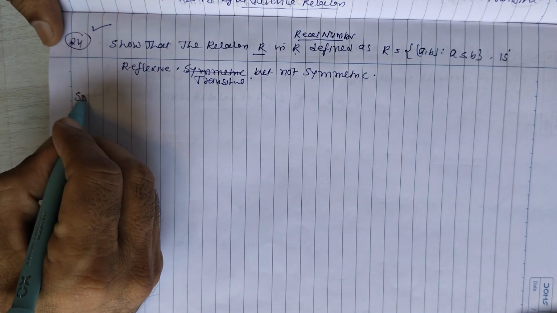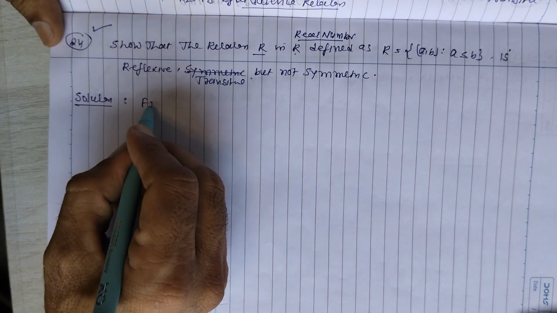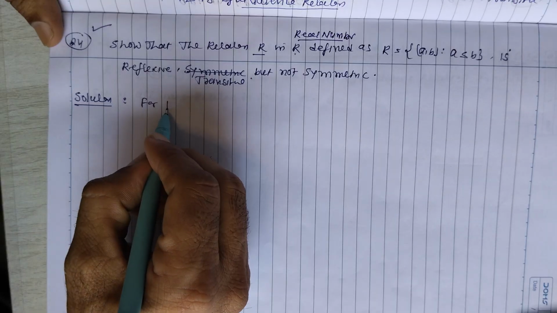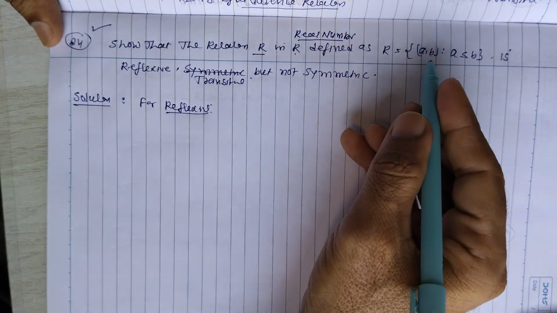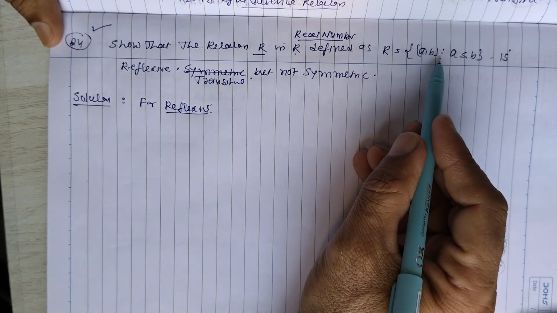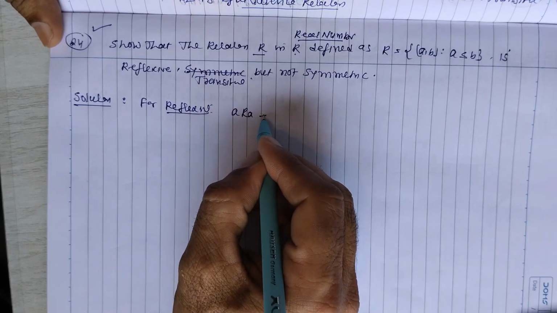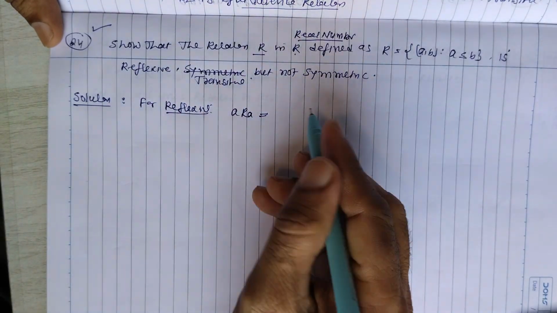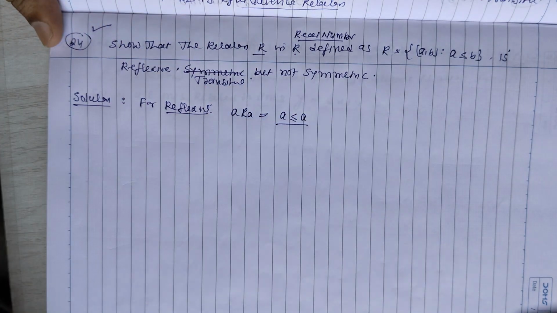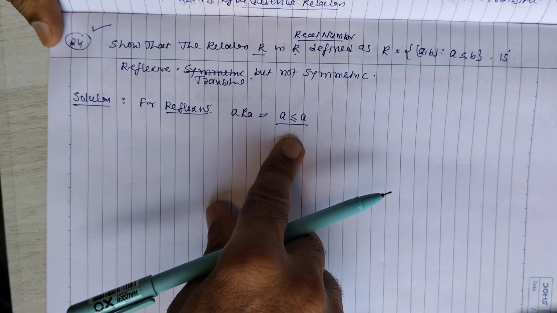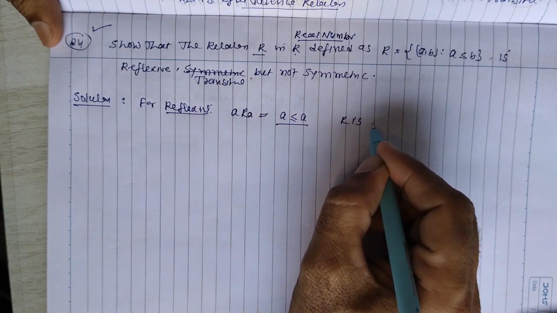The solution: you have to check the given relation is reflexive. For reflexive, the relation is A related A, so you have to write A is smaller than or equal to A. Yes, every number is equal to itself, therefore R is reflexive.